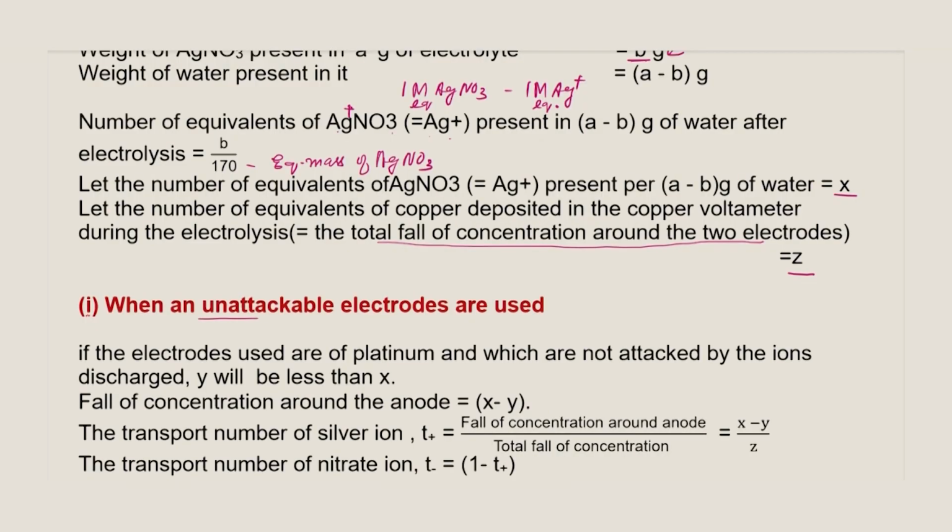Now, we are going for two types of electrodes. You can do the electrolysis in the presence of unattackable electrodes. We did not mention what type of electrodes we have taken. If you are going to perform it with unattackable electrodes, it should generally be platinum electrodes, so that neither silver nor nitrate ions interact with the platinum electrode.